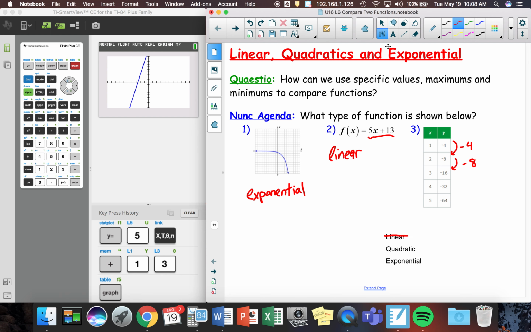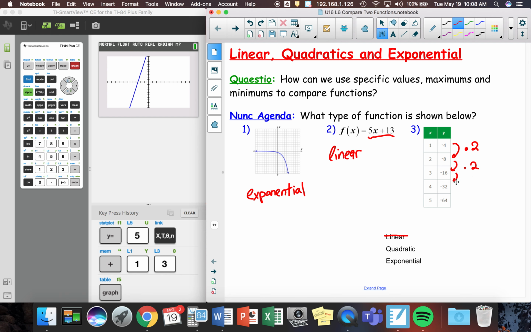Let's try if it's doubling or tripling or being multiplied by some number. Okay. So I gotta think, what do I multiply to -4 to get -8? I would multiply by 2. -4 times 2 gives me -8. And -8, let's see if this still works. -8 times 2, it does give me -16.